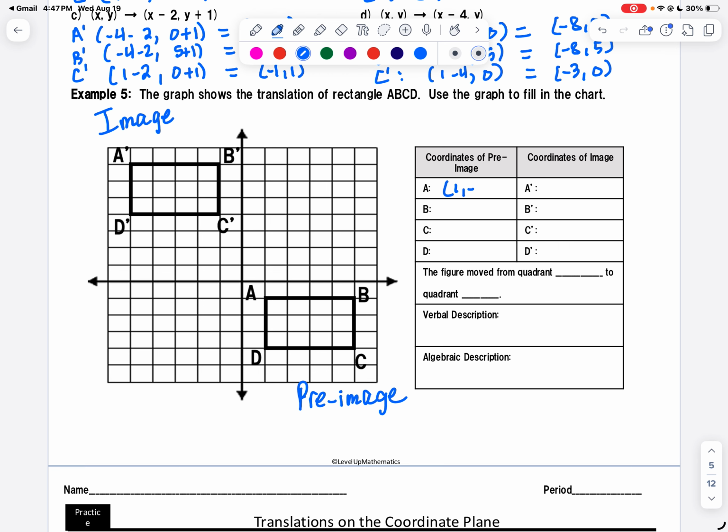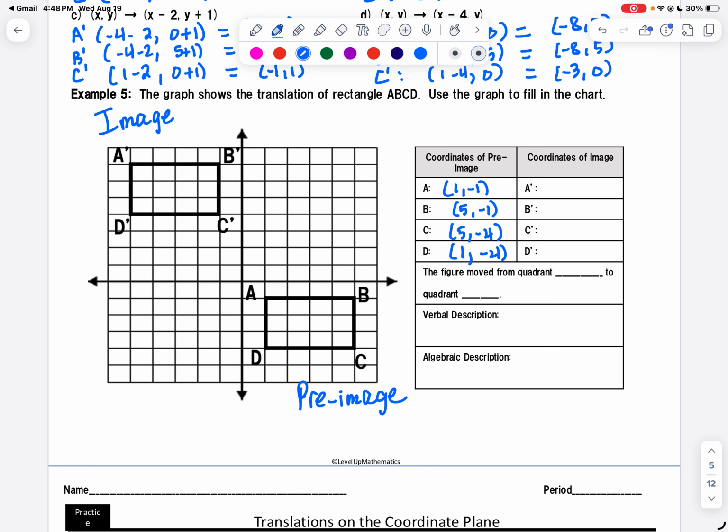So that'd be 1, negative 1. For B, 1, 2, 3, 4, 5, right 5, down 1. For C, I would go right 5, but down 1, 2, 3, 4, so negative 4. And D was right 1 and down 4.